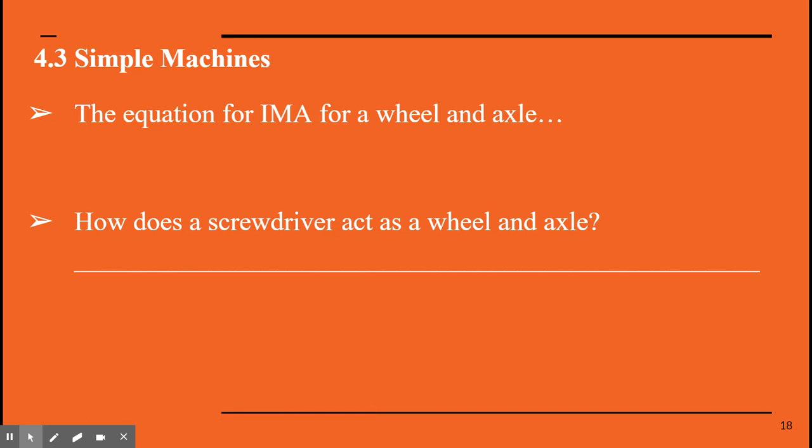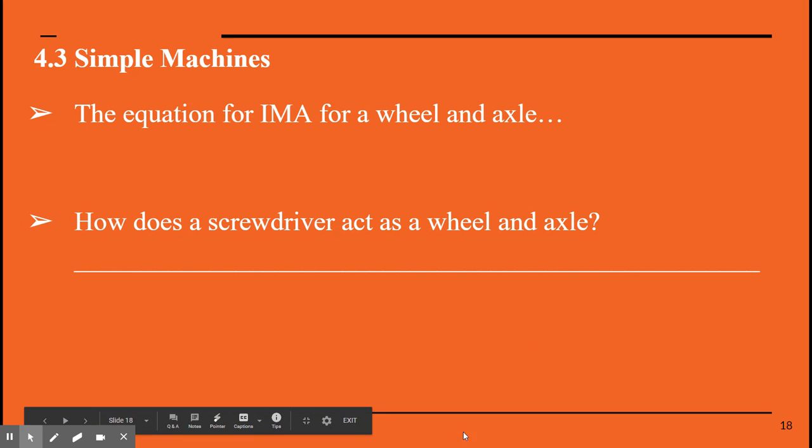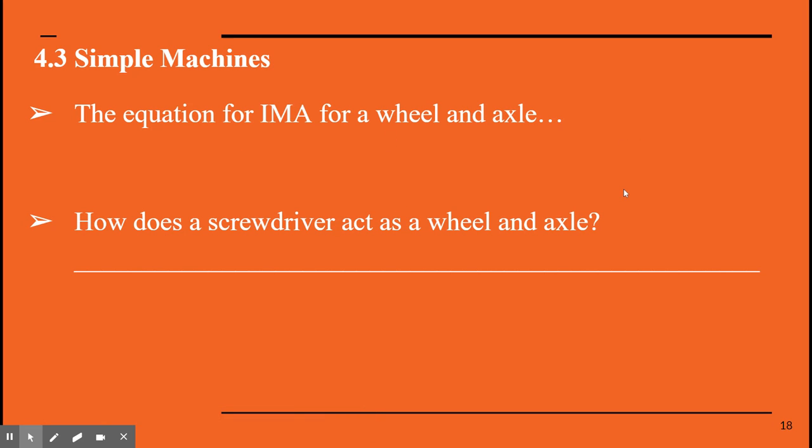IMA for a wheel and axle. Guess what? The slides weren't all about this one either. So check your book for the IMA for the wheel and axle. How does a screwdriver act as a wheel and axle? Think about this. Where you spin the screwdriver from, it has a thick point. But then inside that, it's usually like a clear plastic, you can see this smaller axle on the inside.